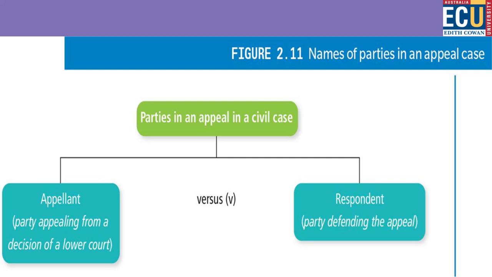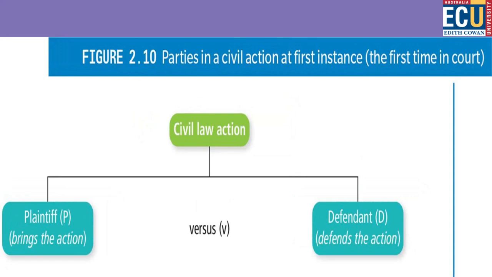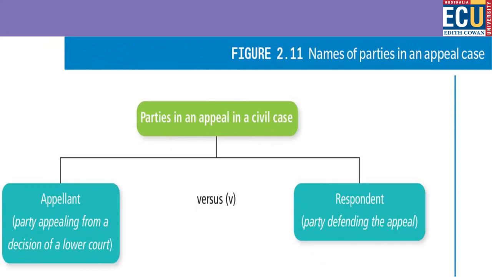And who will respond to that appeal will be known as respondent. Right? So it's not like the plaintiff will always become the appellant. It can be the other way around. Whoever brings the appeal in the appeal court. So from figure 2.10 and figure 2.11, we have learned who are the parties of a civil case.